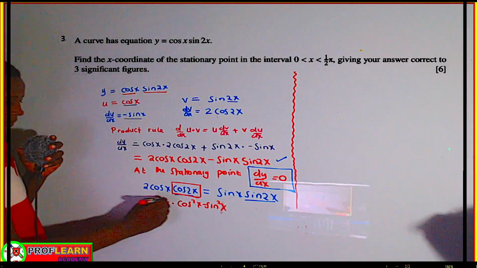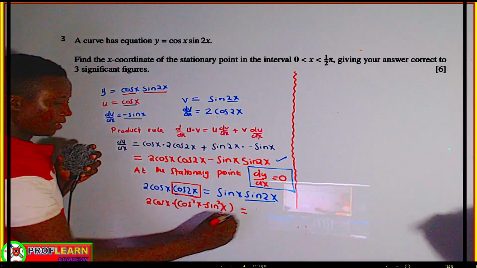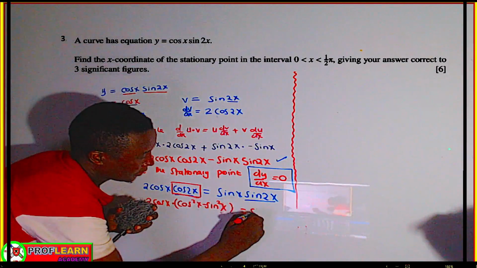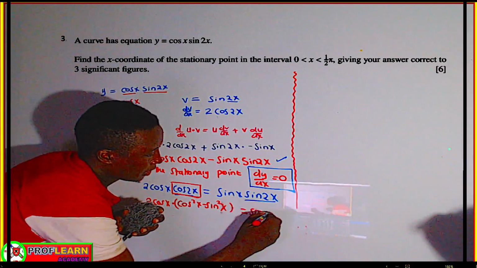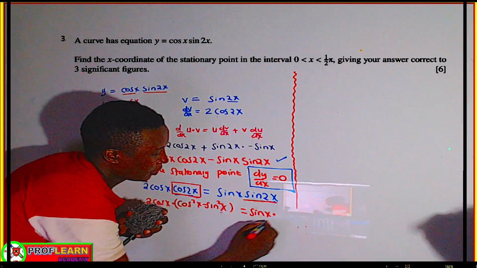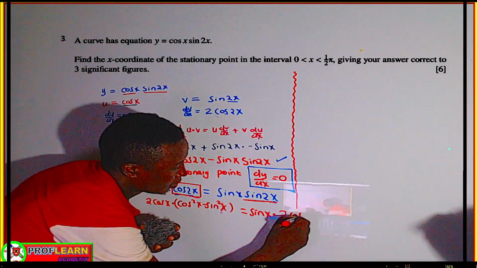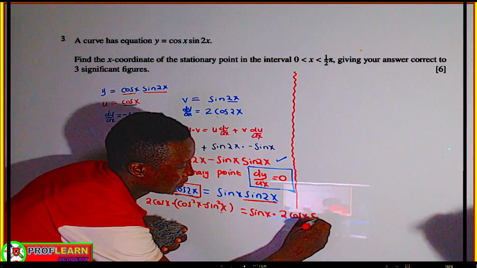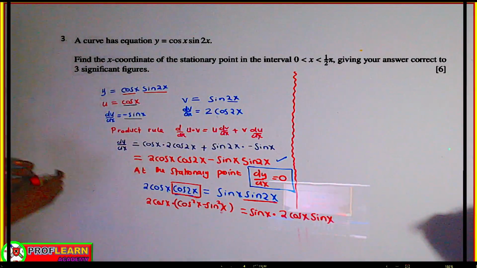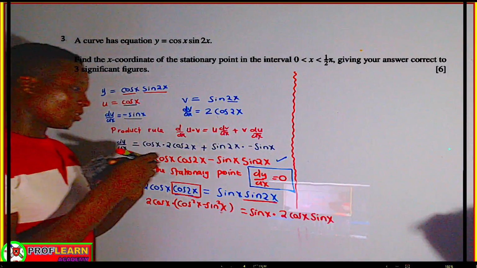So that is going to be equal to sin x, and sin 2x can be written as 2 sin x cos x.